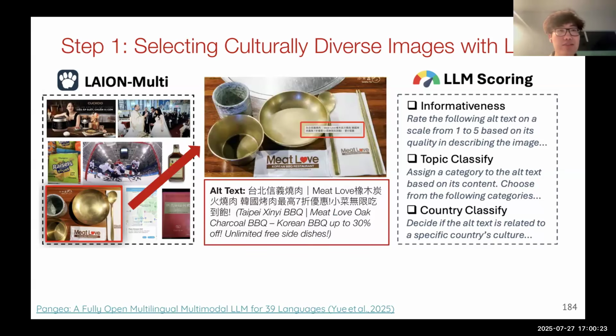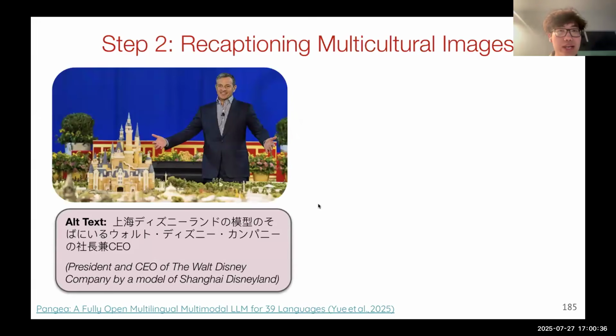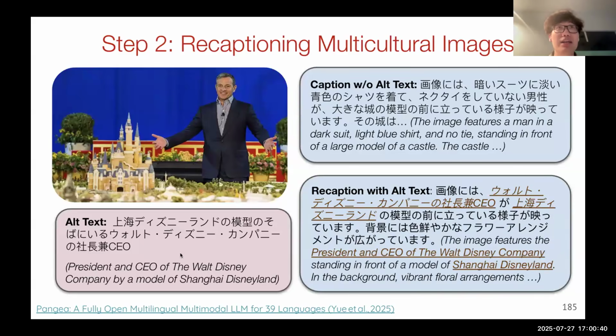We first filter the cultural images from the LAION-Multi datasets using a text language model based on their alt text. Then we do recaptioning for these images, because we previously got relatively short captions associated with the images, but we can prompt the language model to generate longer captions.